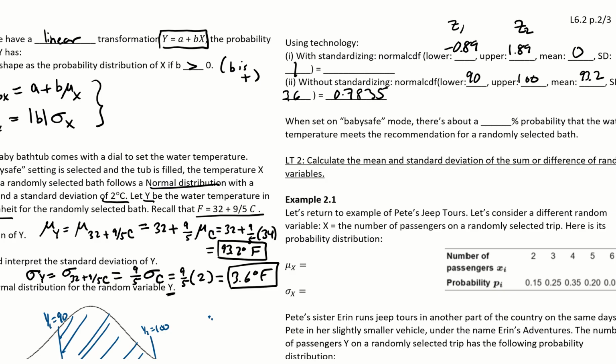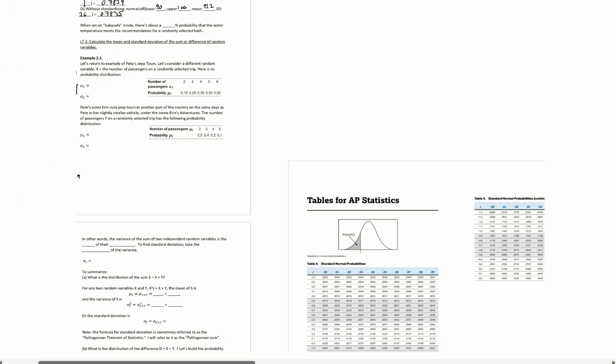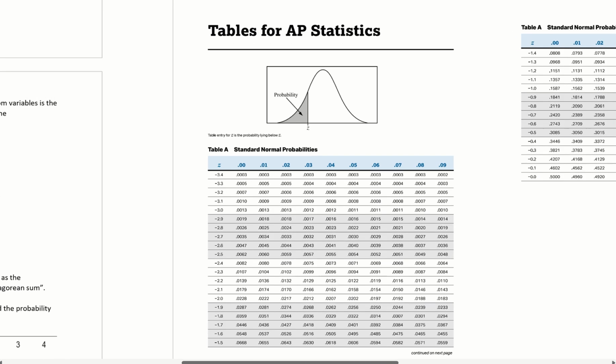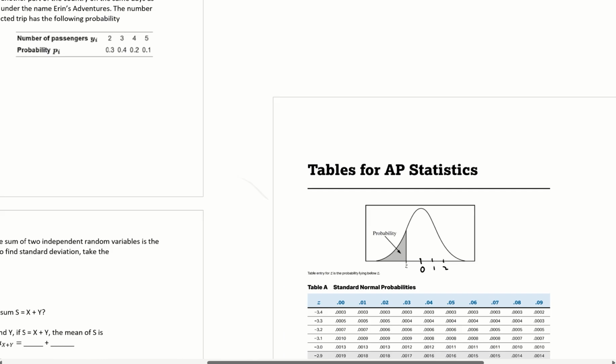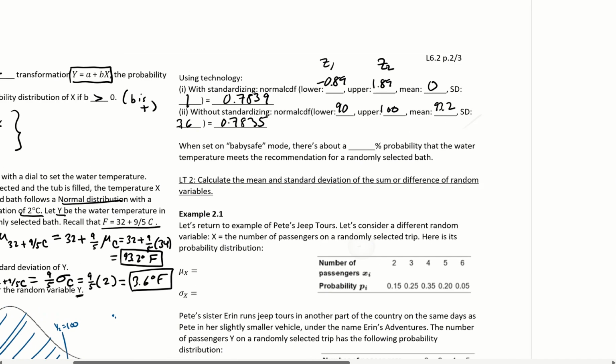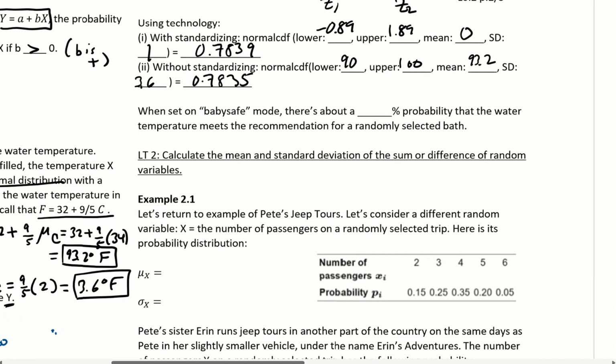In that case, you would get 0.7839. So when you go to your table, the mean for the standard normal distribution is 0 and it goes by ones. That's the review.